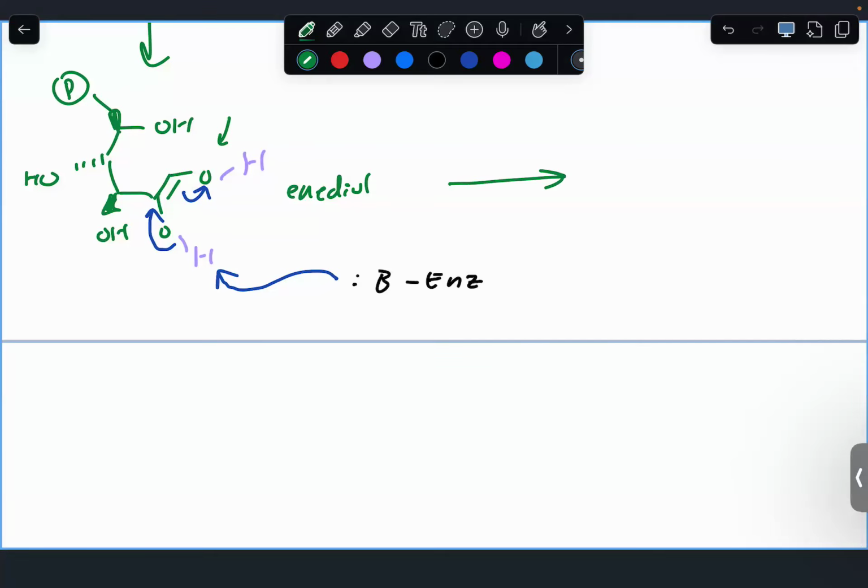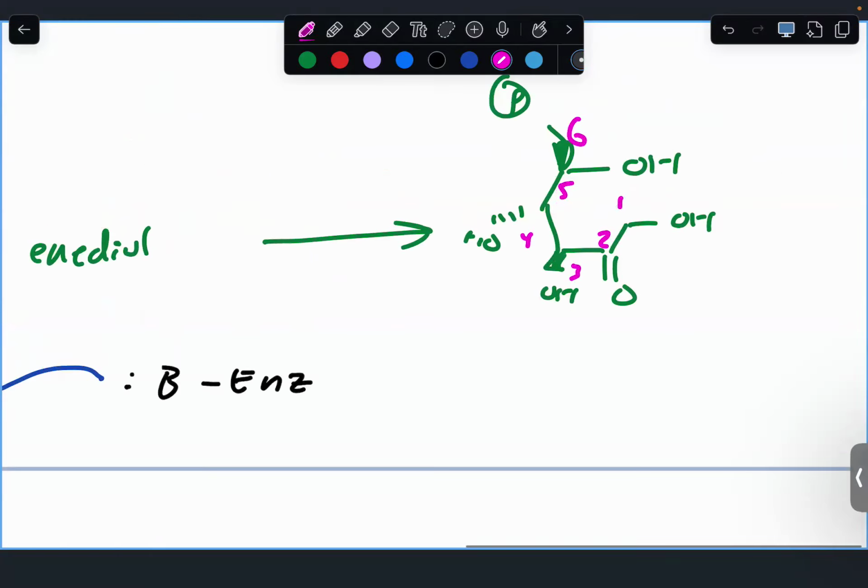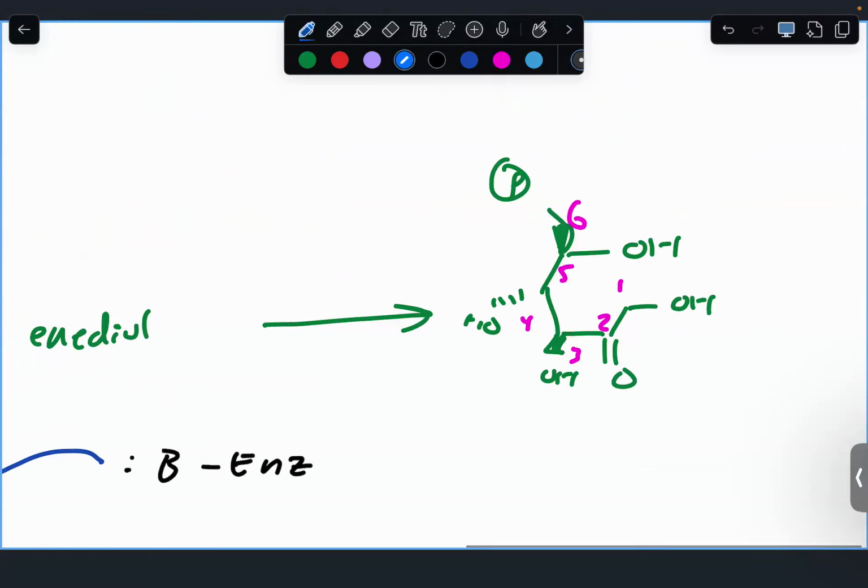And then, let me redraw it out very quickly. P, got OH on the end. Carbonyl there. H. 1, 2, 3, 4, 5, 6. Then we do a ring closure here.